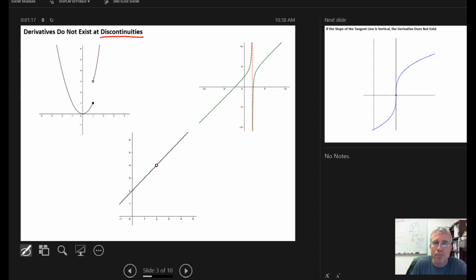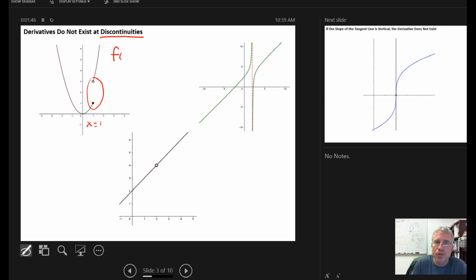So here there's a jump discontinuity. You can see at x equals 1, the graph is jumping up from here to here. So at this discontinuity, the derivative won't exist. The derivative exists on either side of the discontinuity. So just because the derivative doesn't exist at the discontinuity doesn't mean the derivative of the function doesn't exist.